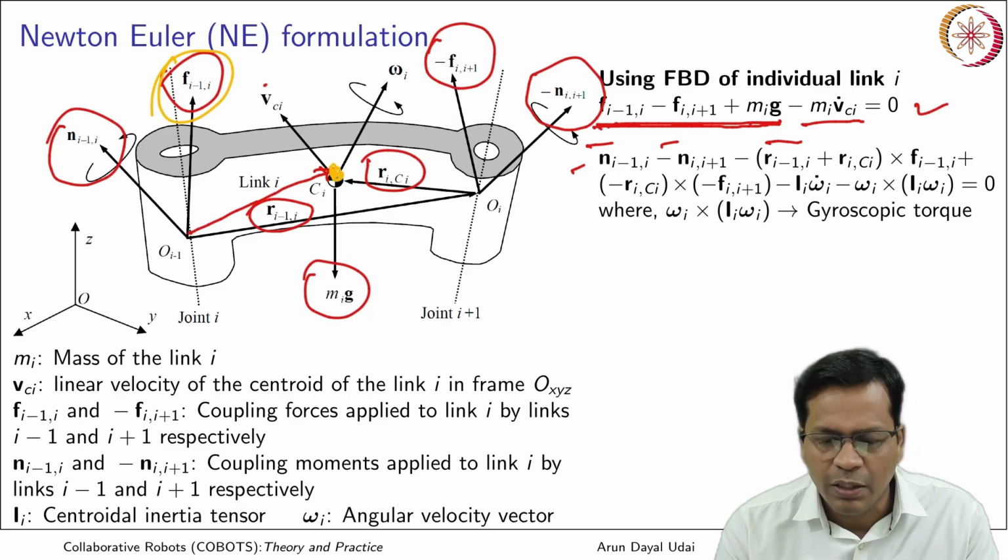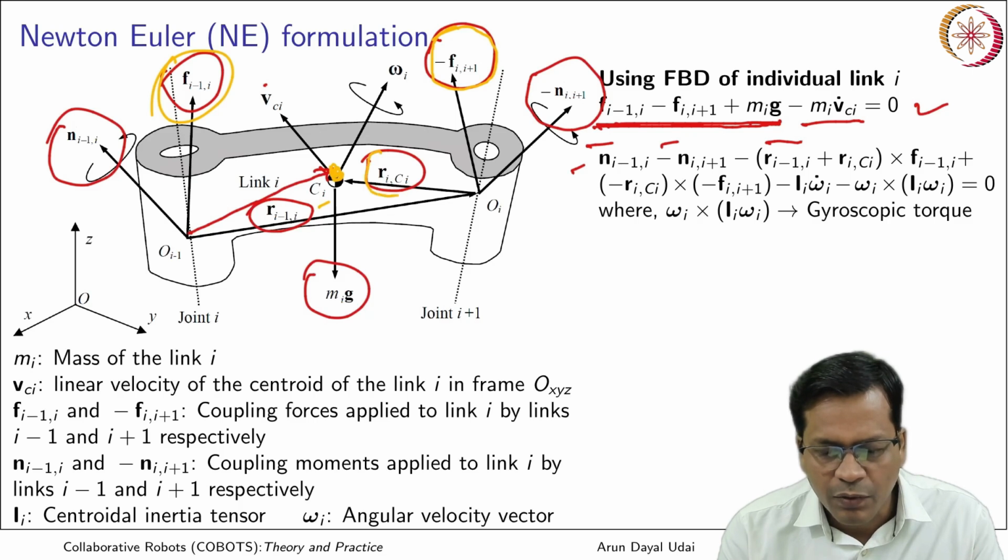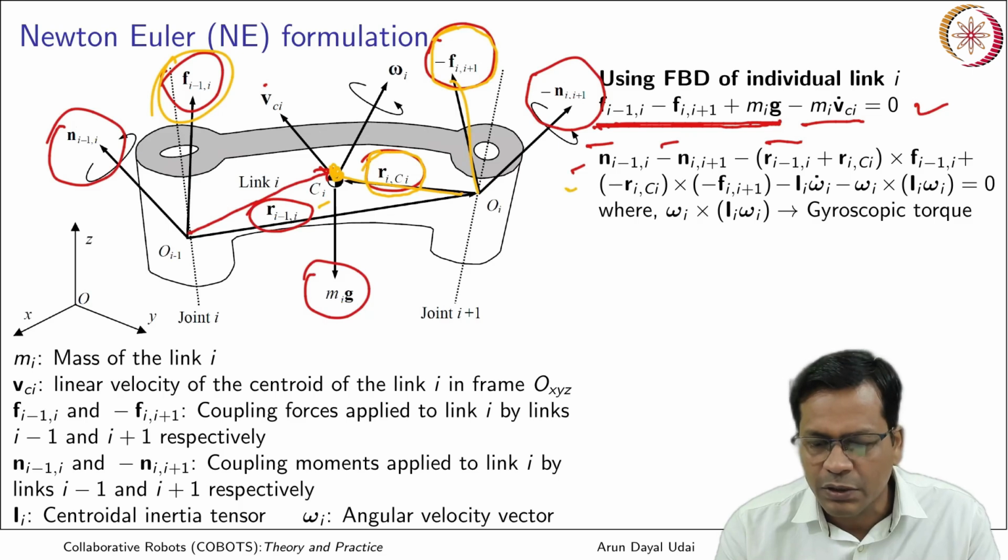All the moments are considered about the mass center location, that is Ci, and similarly for F(i,i+1), this becomes the vector. These two vectors are creating the moment over here.